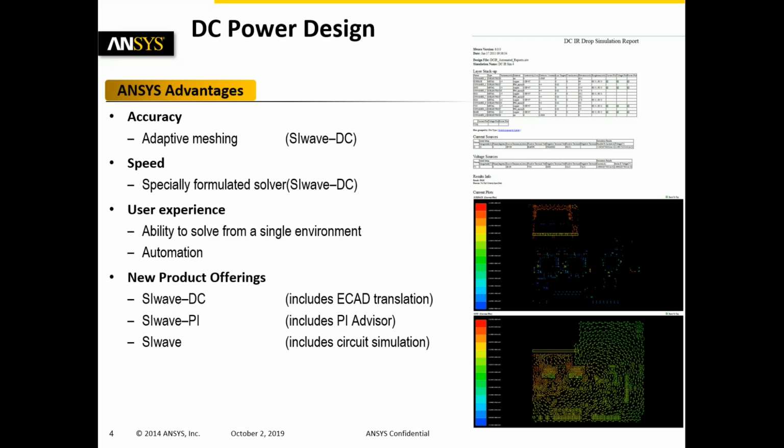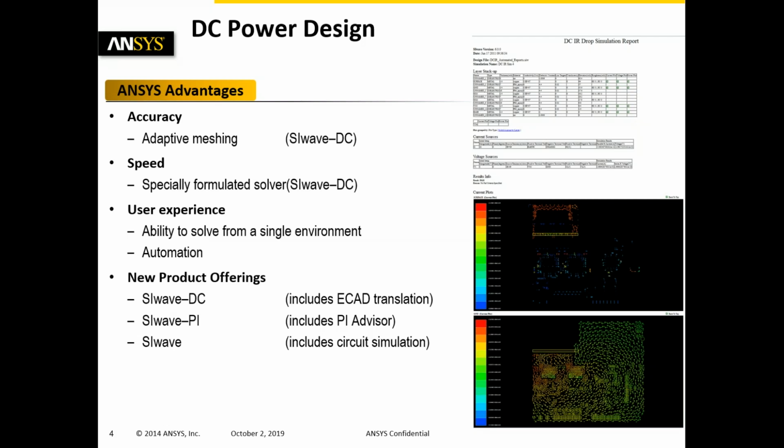So lastly, I just want to introduce a little bit about the different options we offer for this SI Wave product. Right now we're looking at SI Wave DC. It solves your DC problems. It includes ECAD translation. One notch up, it's SI Wave PI.